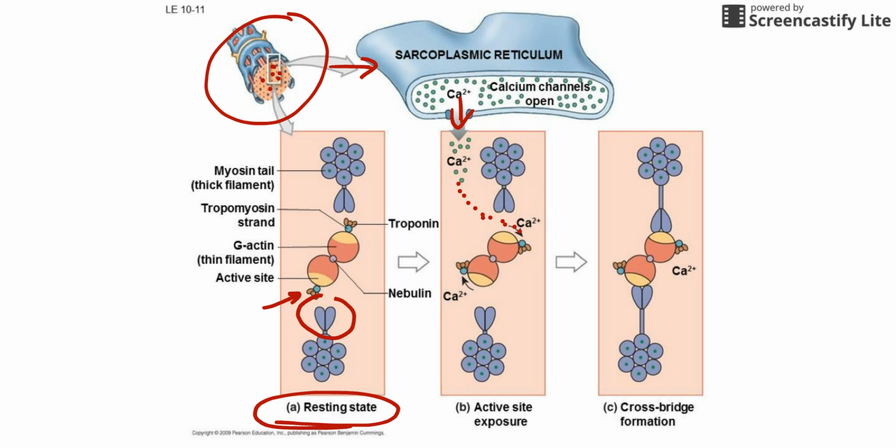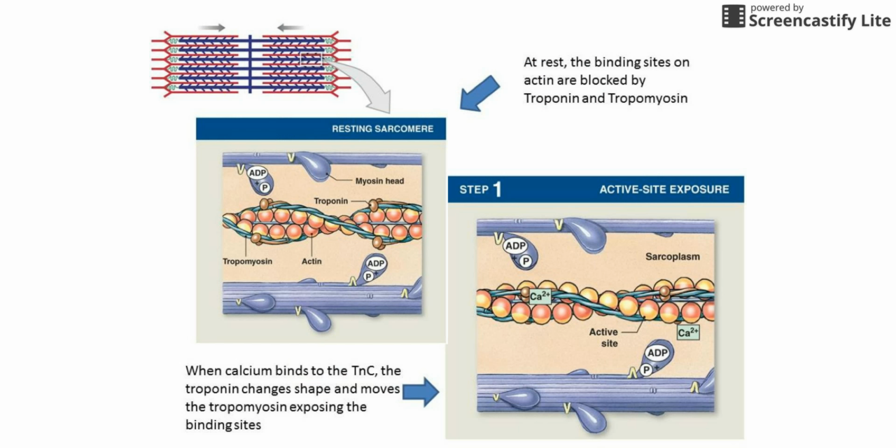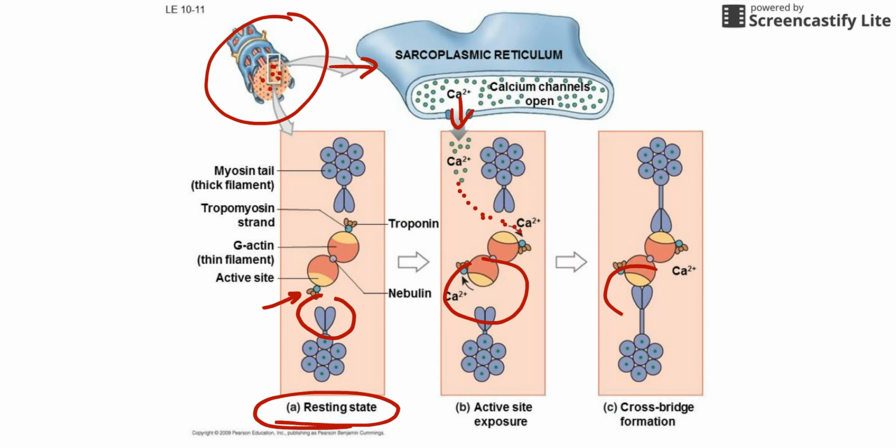So it moves out of the way, and what do you know? Wide open here. The myosin cross bridge now has open access to the binding sites, and it's going to grab hold of it right there. So the calcium coming from the sarcoplasmic reticulum changes the structure of the troponin and the tropomyosin, moves them out of the way, so the myosin can now grab the edge of it.